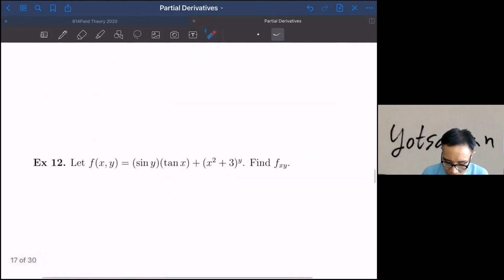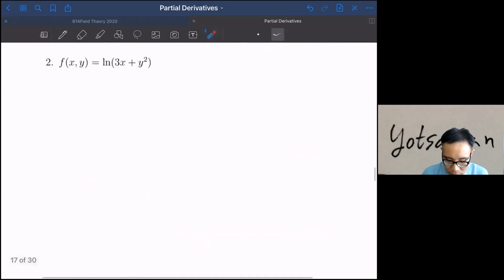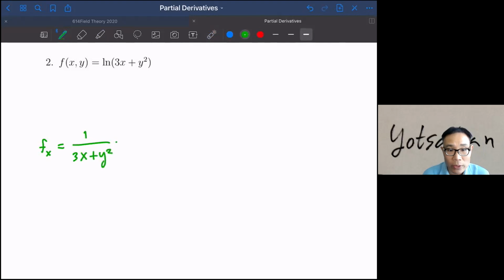For this one, you have f of xy equal to log of 3x plus y squared. We'd like to find the second order partial derivatives. So let's find the first ones. You have fx. You differentiate log, it's going to be 1 over 3x plus y squared, and you differentiate inside, you get 3.